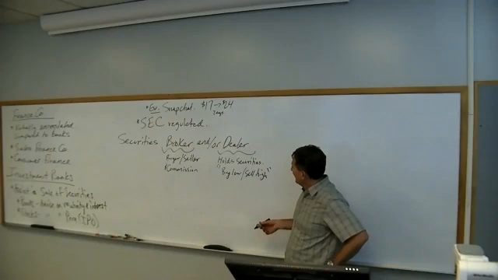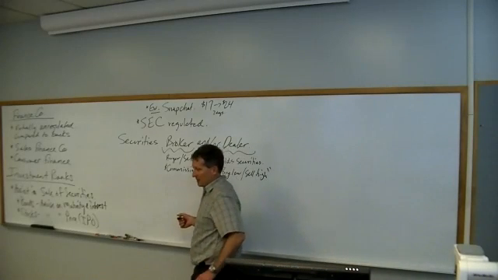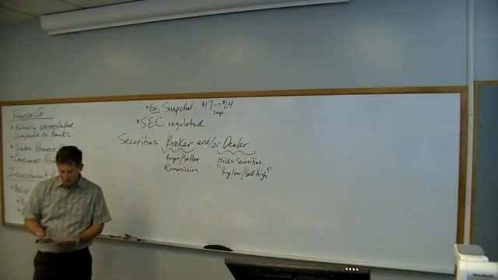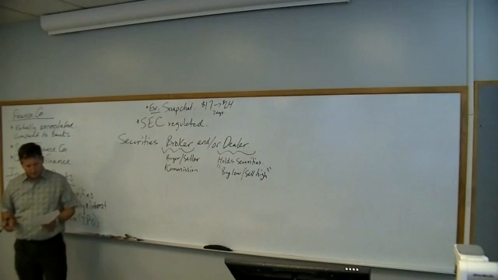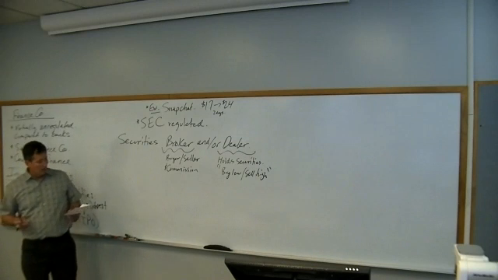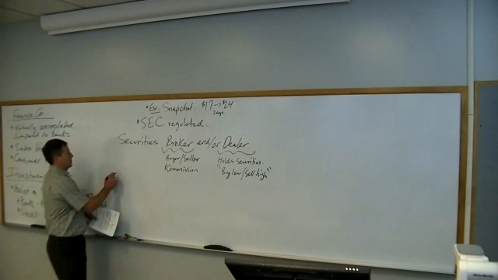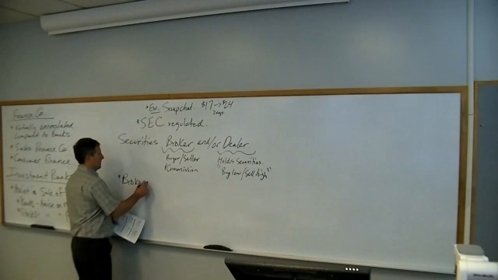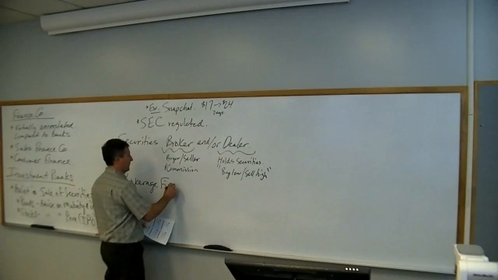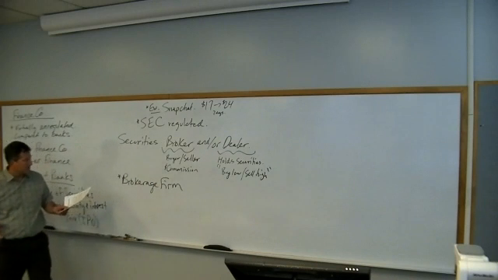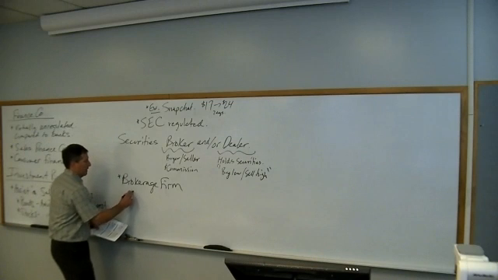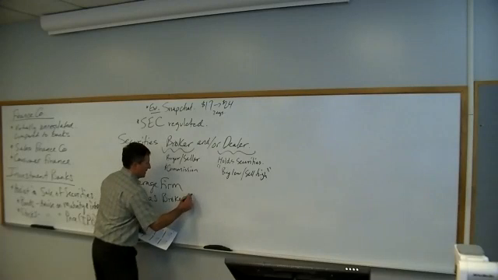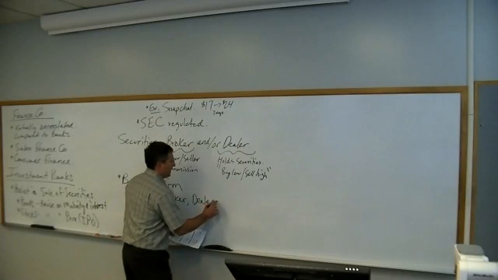So the dealer's holding on, and the broker's working deals between. A brokerage firm is all of these. If you call yourself a brokerage firm, they are in general acting as broker, dealer, and investment bank.